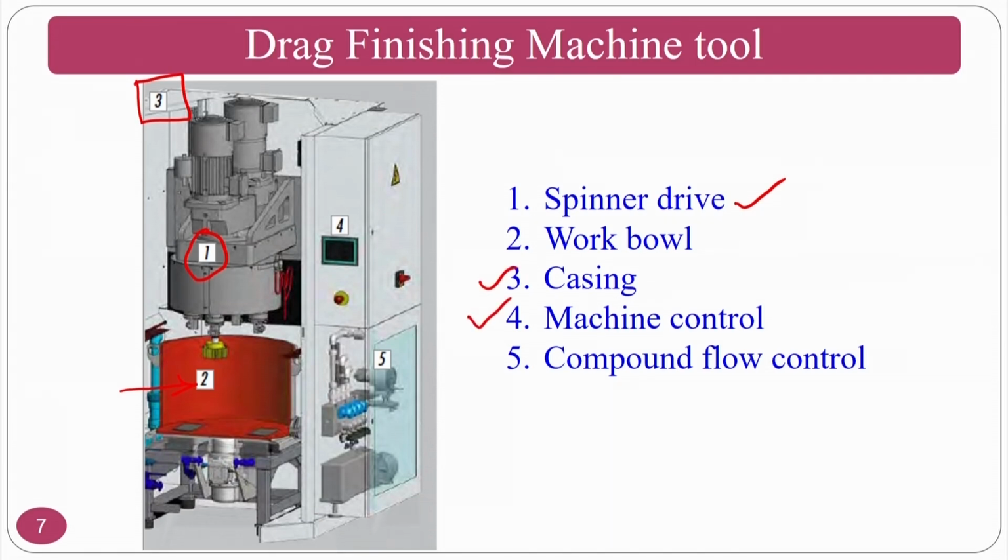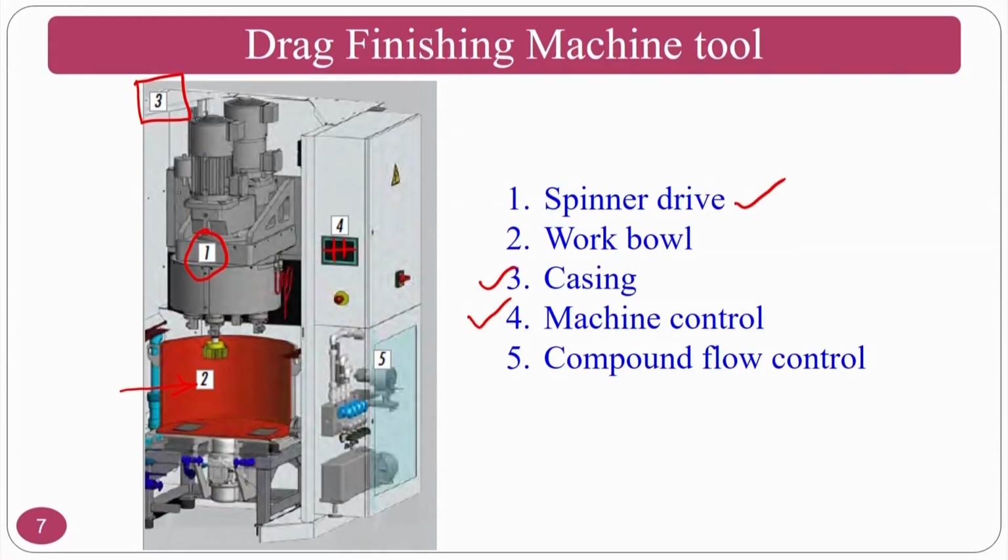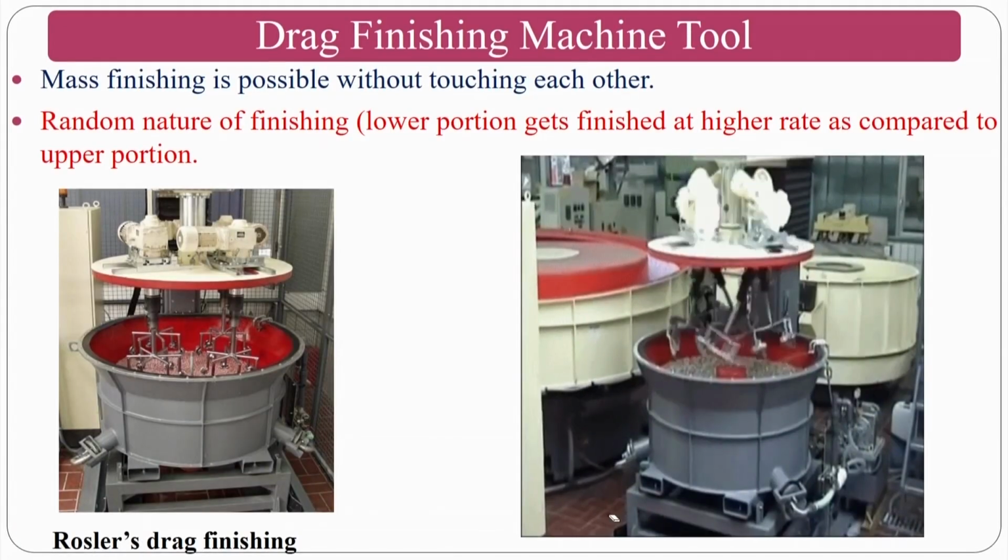Normally, whatever control you want, like switching on, what speed I want to give, at what RPM I want to rotate the component, at what RPM I want to rotate the medium, and other things. Compound flow control is another one. Wherever compound is nothing but abrasives, wet compound or dry compound, whatever you want to use, you can use in this particular drag finishing process.